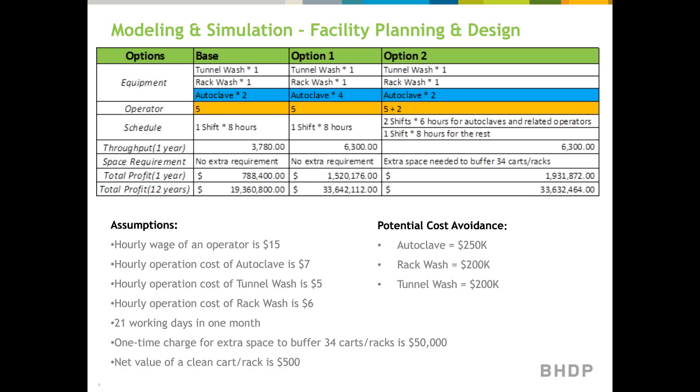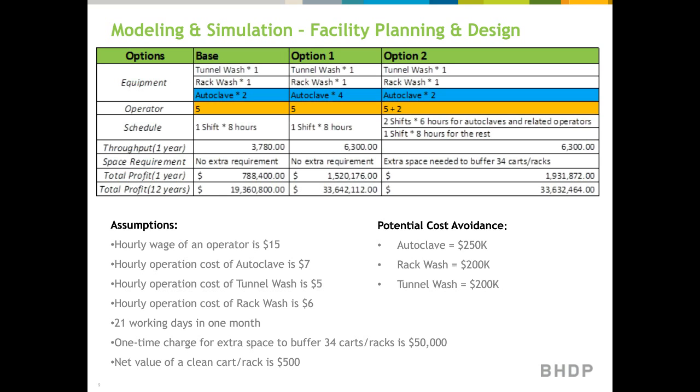Option 1, there were capital costs associated with the 2 additional autoclaves, but also there was space within the facility that had to be reprogrammed. So there were facility changes or modifications that had to occur. If you look at option 2, there was no new equipment required. We wanted to just see what would happen if we just added 2 operators on basically a second shift.